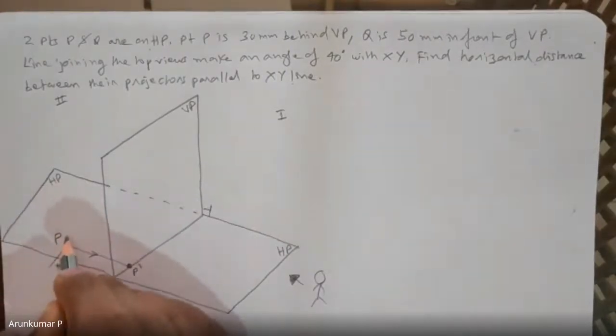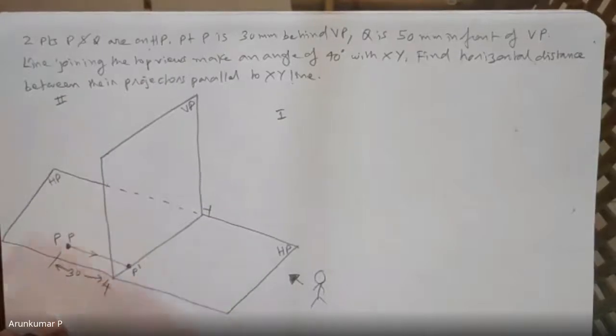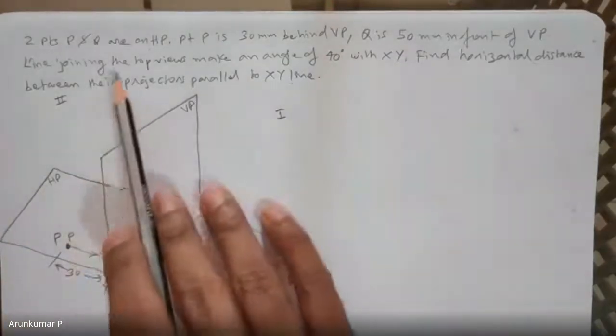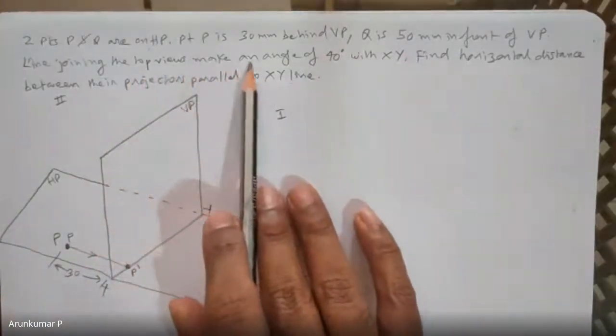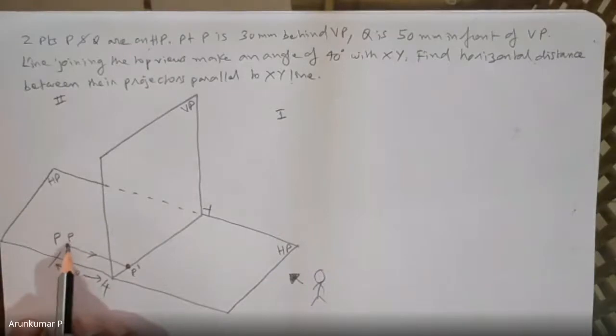Same position on HP and same position as that of the point. So this is small p, the top view. This is the top view of P, this is the front view of P. Now I'll use this information. Line joining the top views makes an angle of 40 degrees with XY. So what I'll do is, from the top view of P, I will draw a line like this.